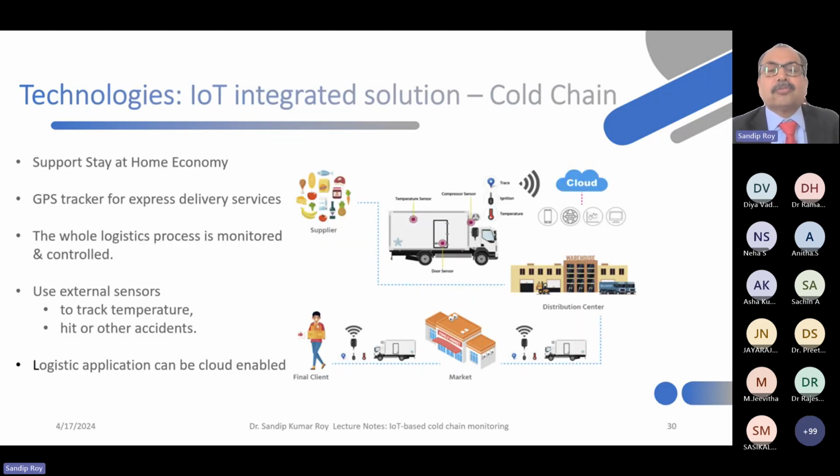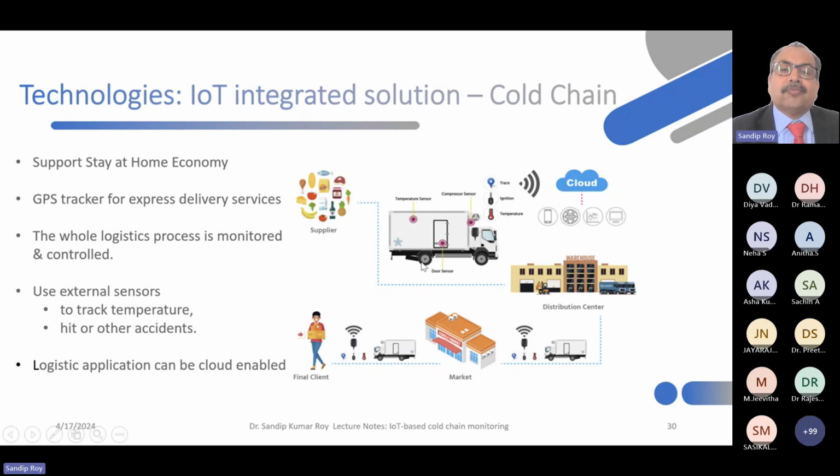So now let's talk about the sweet thing that I started with, the ice cream. The container that carries the ice cream from the manufacturing distribution center contains so many gadgets, and it's connected through our cloud. At any instant of time, you need to know the temperature inside, and the distance it can cover with the fuel it has.